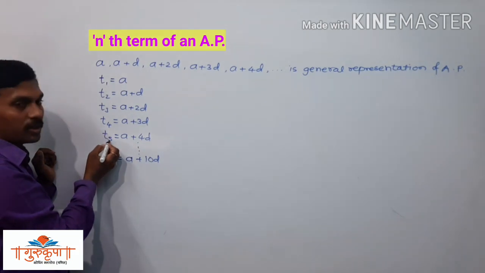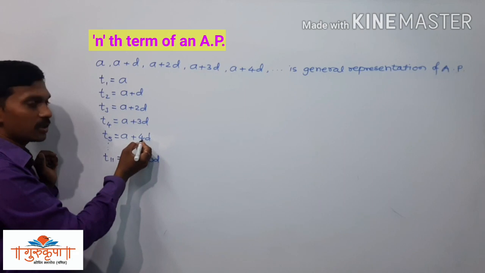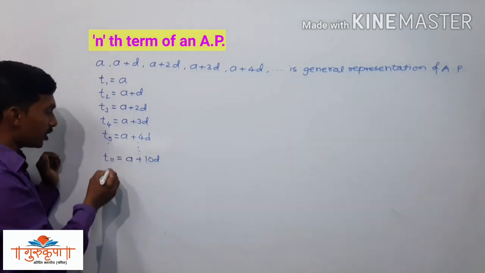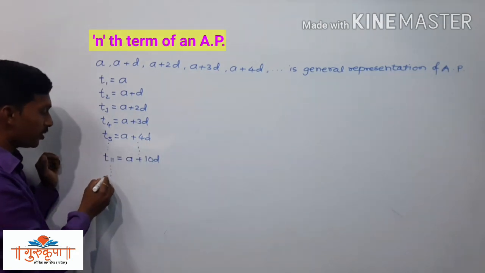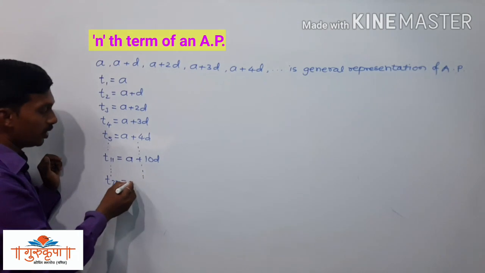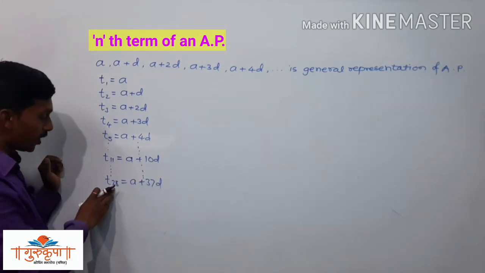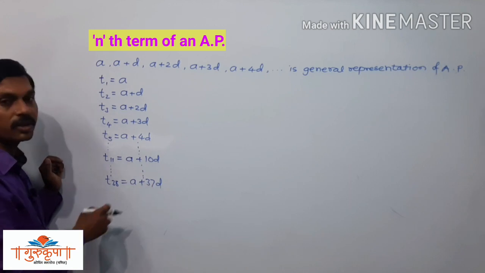Whatever the number of the term is, the number 1 less than that is here. Now suppose we have to find T38. So what should be the answer? Here a plus 37d. Since we have to find the 38th term, we have 37 here.